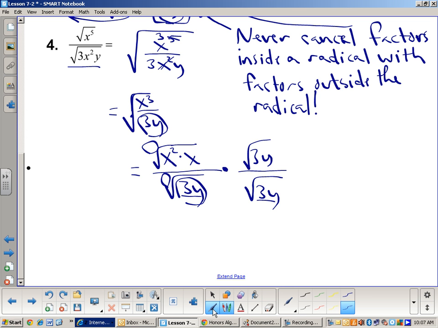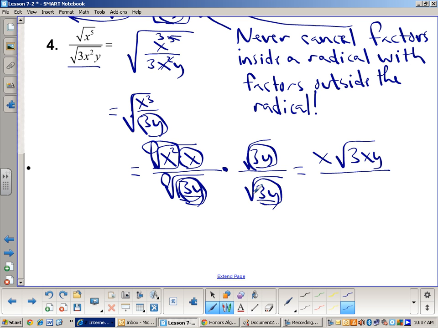I think there are problems like that on the test, or on the homework, and tomorrow, when we go through it, we can clean up any of those that we're confused on. So on top, what is square root of x squared? X. And then I say, what's left? Well, an x times a 3y, so that's 3xy over what? 3y.